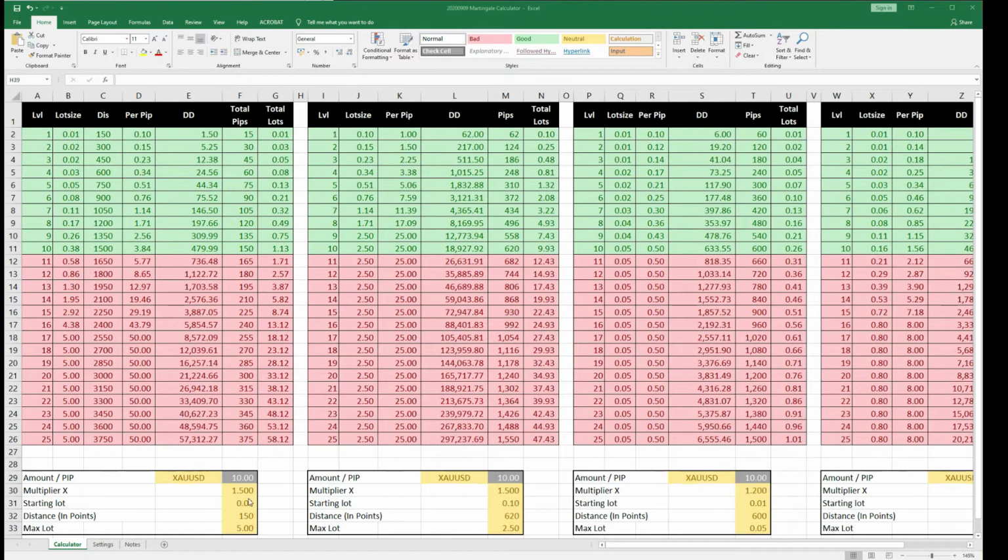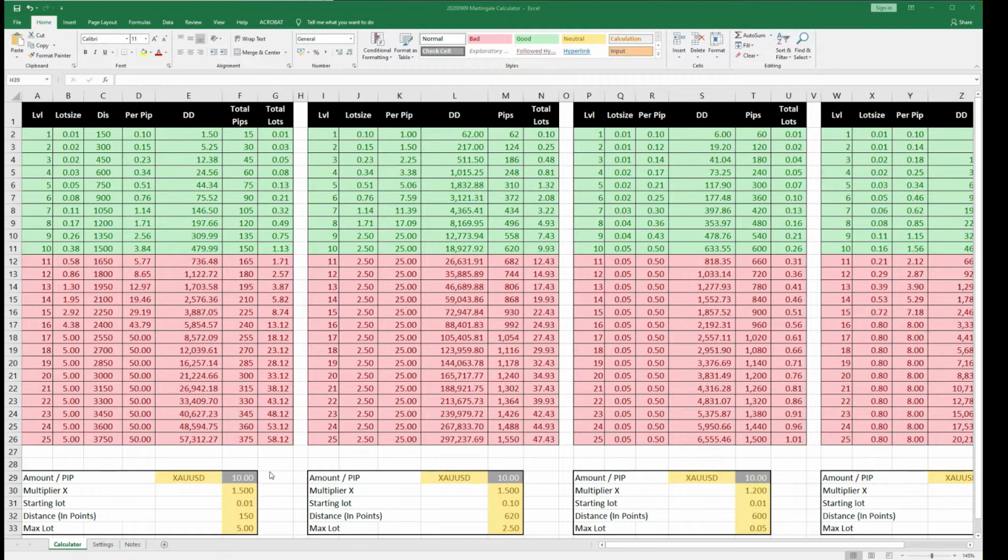So these four parameters are very important, and most of the time we only play with three of them, but not with the max lot. But with this calculator, you would know. It will tell you clearly what to expect and how to set it as well.